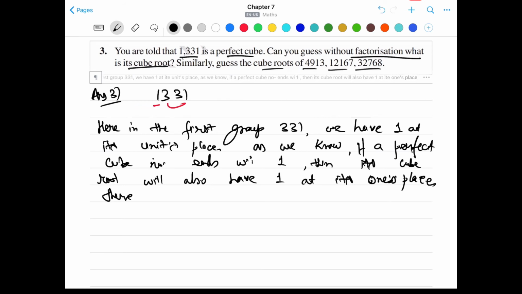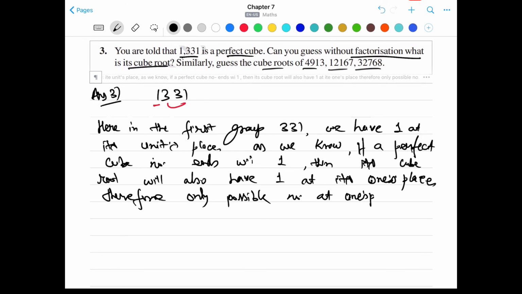Therefore, the only possible number at the units place, or ones place, is 1. So this first group will give us 1 at the ones place.